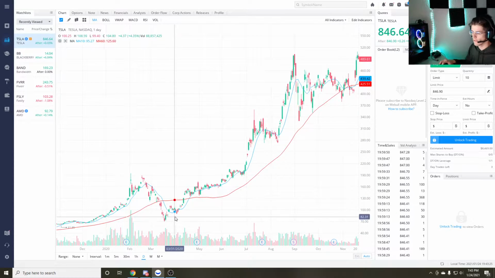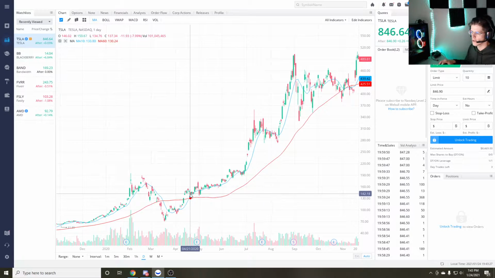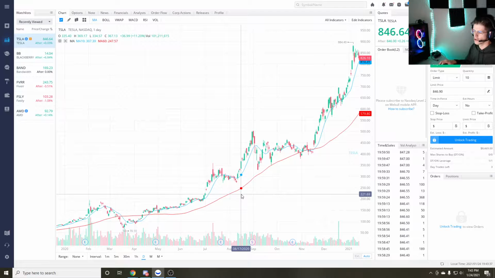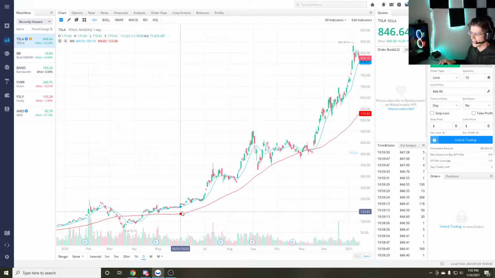But then on the reversal, a golden cross, as a lot of people call it, is when the opposite happens, when the 10-day, the short term, crosses above the long term. And Tesla is not a great example of an extremely up and down stock. Tesla just only goes up, stonks only go up, where it crosses, and then the sky's the limit, and it just goes and goes.